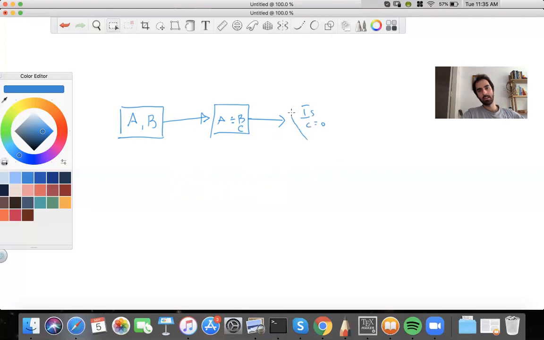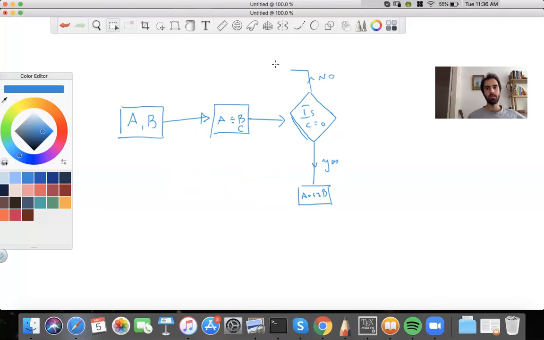Now you ask whether C is 0. Okay, it's a question. And you can have two answers. Either yes, and then the answer to your problem is B, or no. Okay.